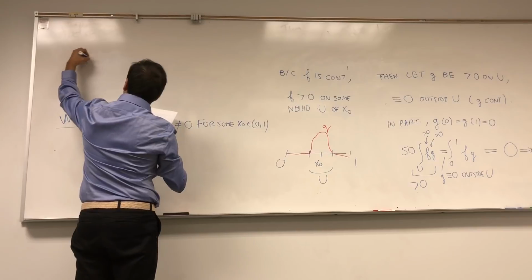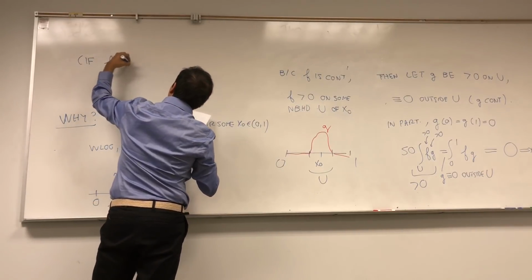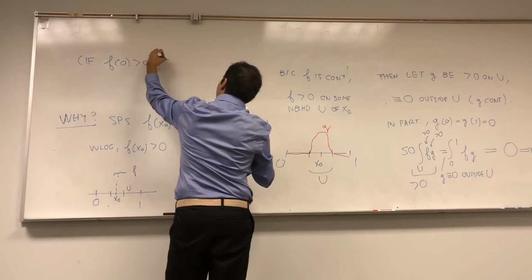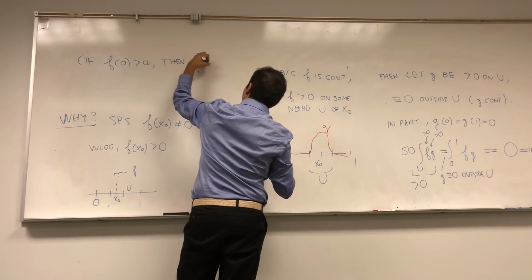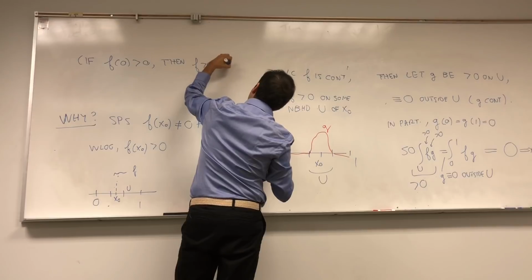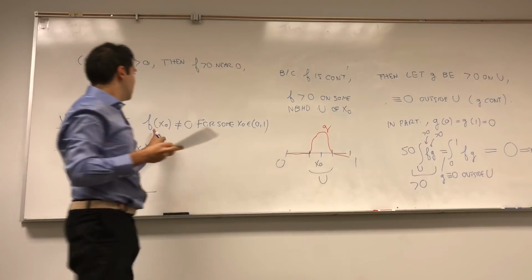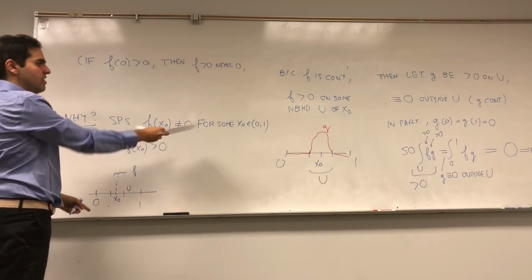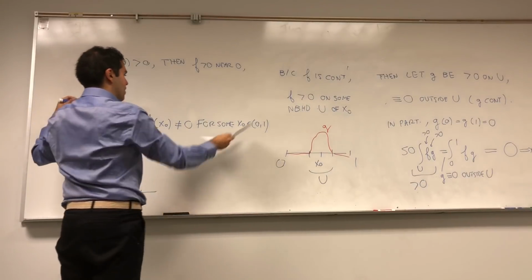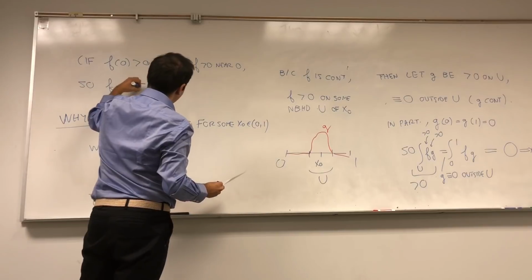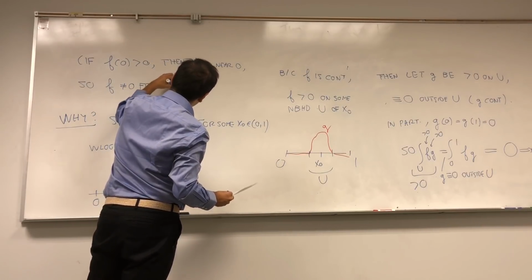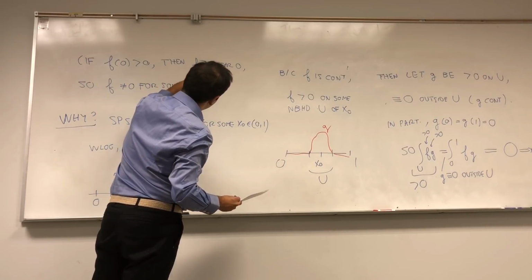So if, let's say, f of 0 is positive, then, because f is continuous, f is positive near 0. So in particular, f is still non-zero at some point x0 near 0.